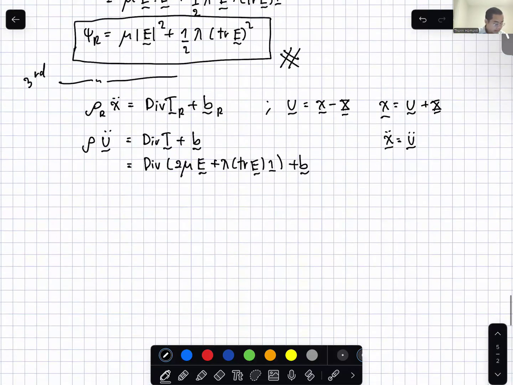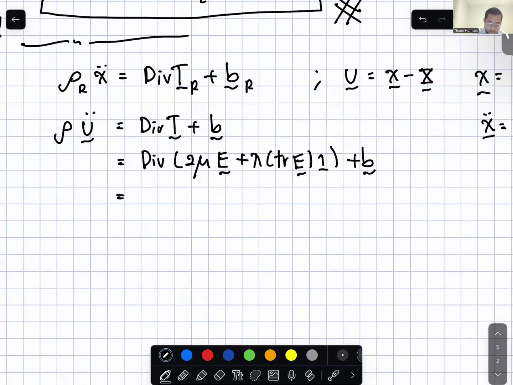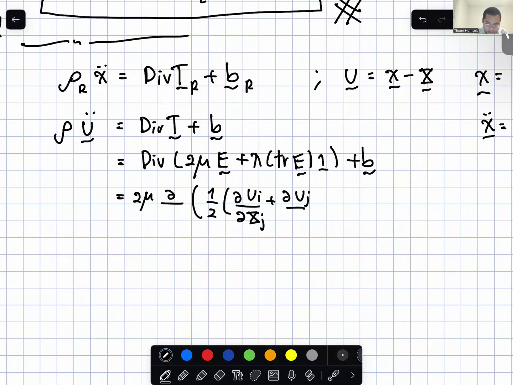Then I distribute the divergence into the parentheses and do it one by one. The first one is 2 mu times the partial derivative of E. E we can write as a function of the displacement, so it's the partial derivative of u_i over x_j plus u_j over x_i. So it's just a transpose, right?